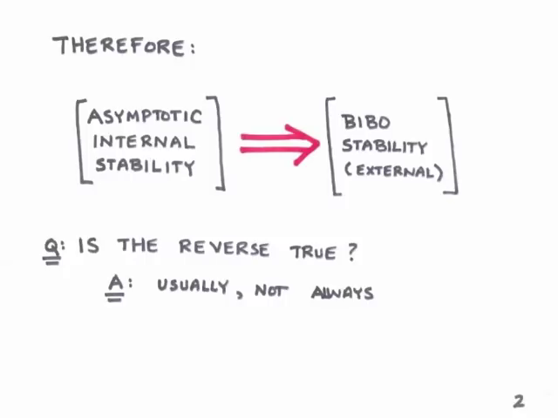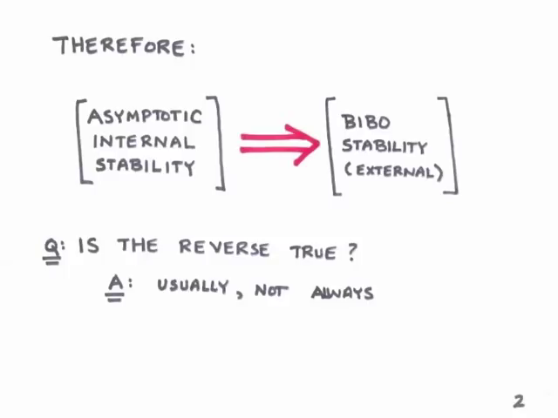So when does a system have BIBO stability, but not have asymptotic stability? We alluded to the answer to this before. We said that if the system had hidden modes, it would be possible to be BIBO stable, but not to be asymptotically internally stable. So the issue is hidden modes.